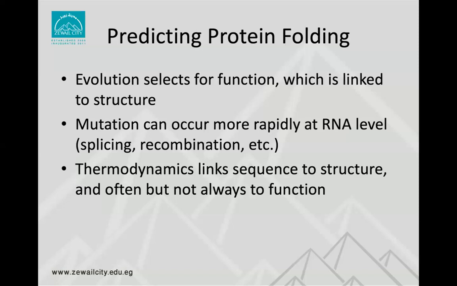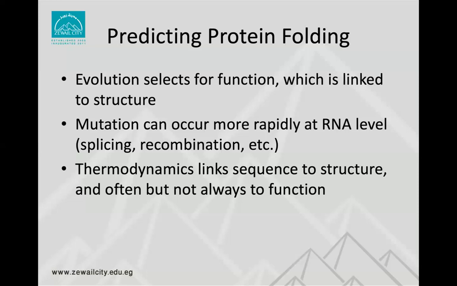Now, when it comes to evolution and mutations, going from one generation to another, an organism can adapt to the environment through mutating the sequence of its DNA, and that will eventually lead to changes in the sequence of the protein and changes in function. But actually, the organism can respond much more rapidly at the level of the RNA, because the RNA is just synthesized temporarily and then it's disposed of.